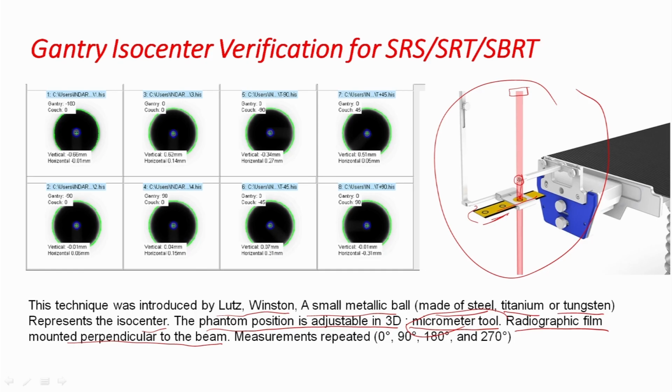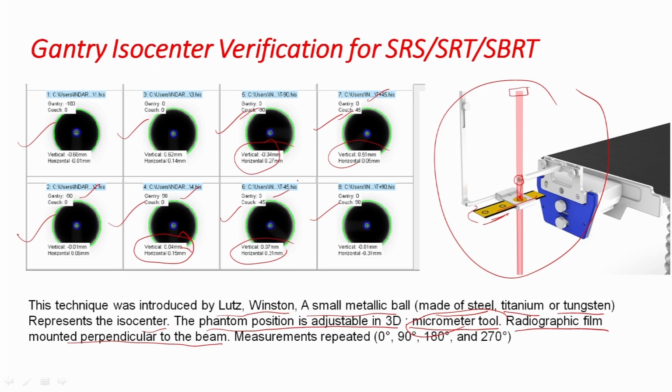Then you will see these dark spots formed in the film, which is analyzed in film software, and you can see that at 4 different gantry angles the ball position is within sub-millimeter accuracy: 0.04 vertical, horizontal 0.0, 0.15, 0.27, 0.34. So you can see gantry 0 couch 45 degree, gantry 0 couch 90 degree, gantry 90, gantry 0, with different gantry angles and with different couch angles.